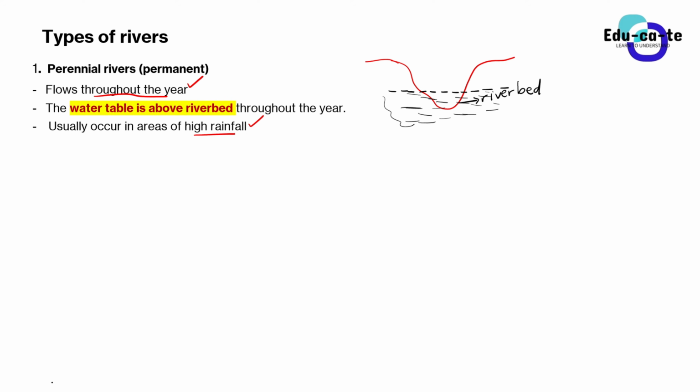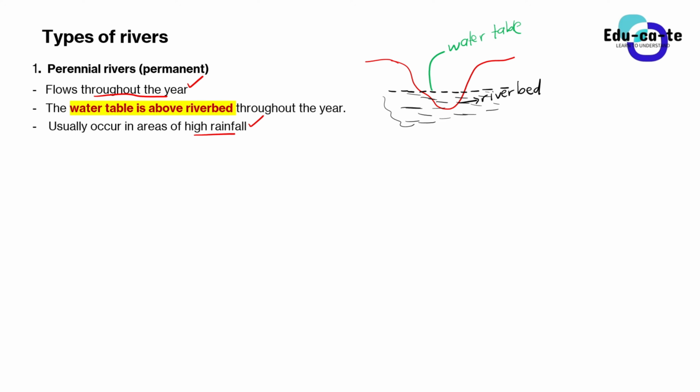So we have our water table here, which is the upper level of groundwater. This is our water table, and then the riverbed is below the water table. That's what causes the river to always have water throughout the year. The river never dries out. That's a perennial river.